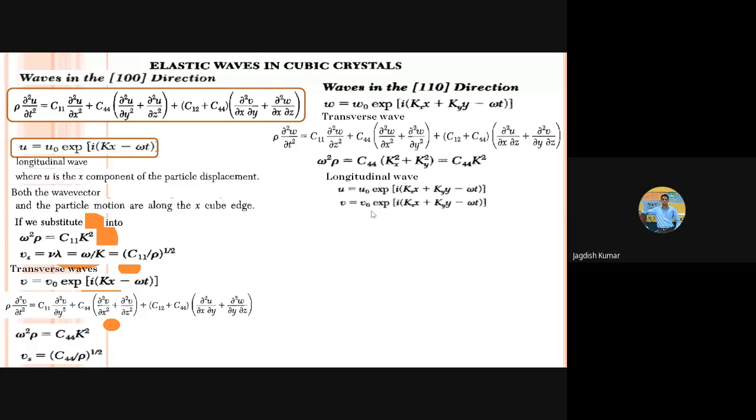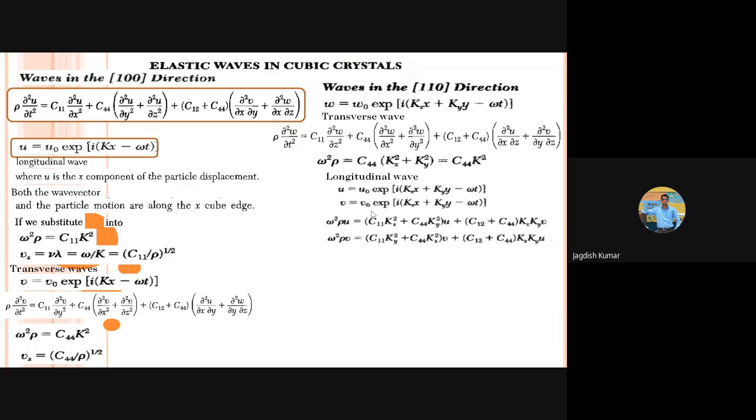I'm sure you can understand why we took U equal to V: if the oscillations are along the 110 direction, then the X displacement has to be exactly the same as the Y displacement. There is a small imagination exercise for this, which I leave to you.